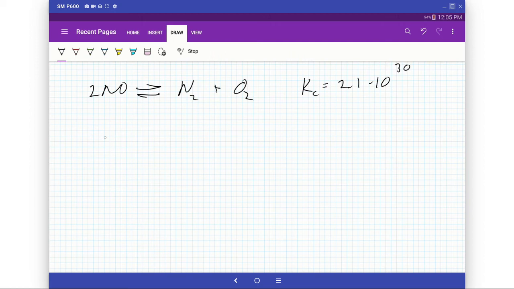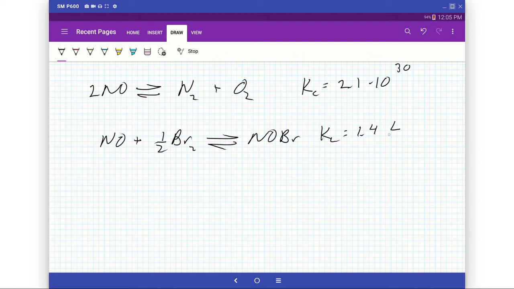The second reaction was that of nitrogen monoxide plus bromine to form NOBr. And here Kc was 1.4 with units of liters per mole to the 0.5, or 1 over concentration to the 0.5. At this stage, I'm expecting you to be able to figure out what the units are just by writing out the chemical equilibrium. I'm giving them to you here.